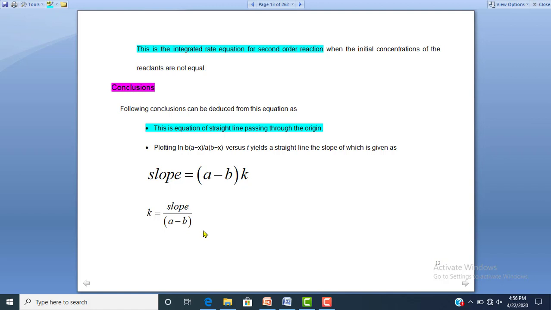So if we want to determine the rate constant of a second order reaction when initial concentrations are different, then we will find the value of slope from the graph and divide it by the difference of a and b, then the resultant product will be equal to rate constant k.